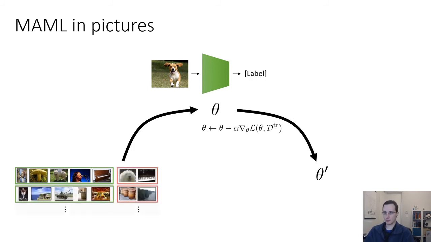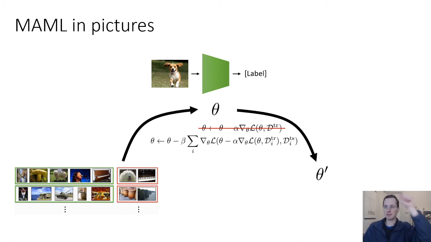With meta-learning, what we'll do instead is train the network so that a gradient step on each of the tasks maximally reduces the loss on that task.